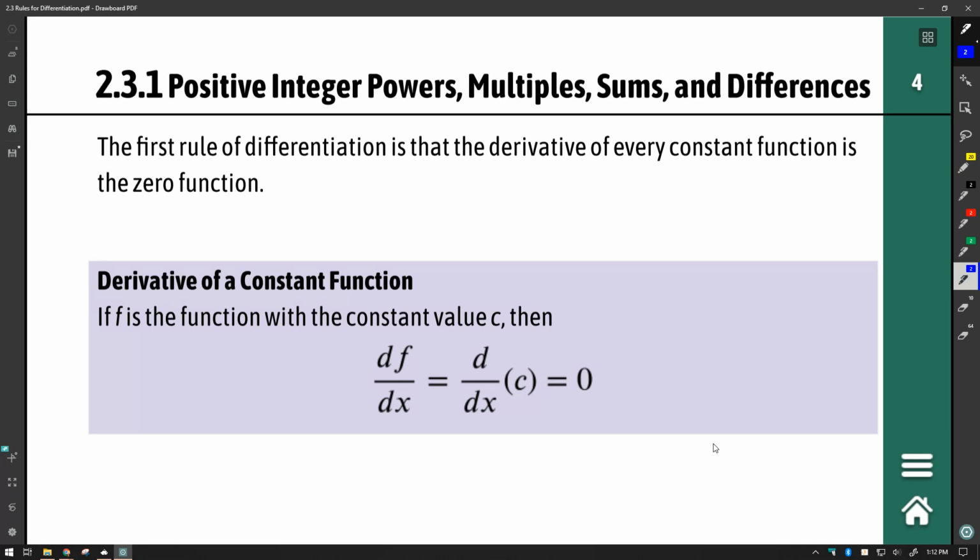What that means is if we have a function, say for instance, f(x) = 5, then f'(x) = 0. If we have a function such as y = -475, then dy/dx = 0. Any constant function or number, just a number on its own, the derivative is always 0.